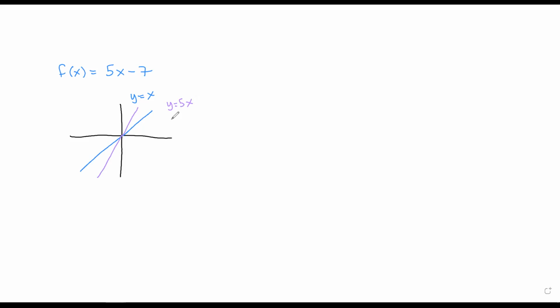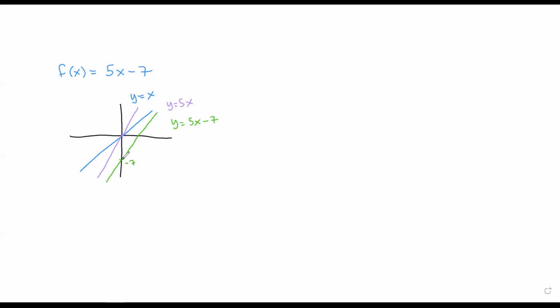And lastly, y equals 5x minus 7 means it's being shifted down 7 units. So now we've got the minus 7 here, and the line would be going something like this.